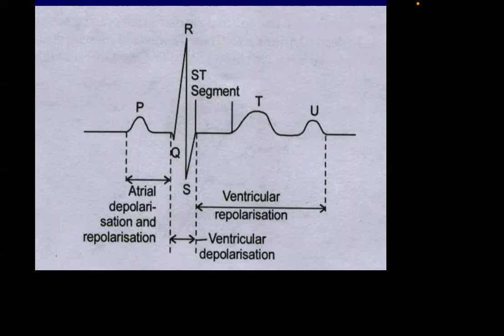That is to say, most of the time in the cardiac cycle is ventricular repolarization. And the summation of the ventricular depolarization and ventricular repolarization, all this interval, is called the QT interval. So the QT interval is the summation of the ventricular depolarization and ventricular repolarization together in the ECG.